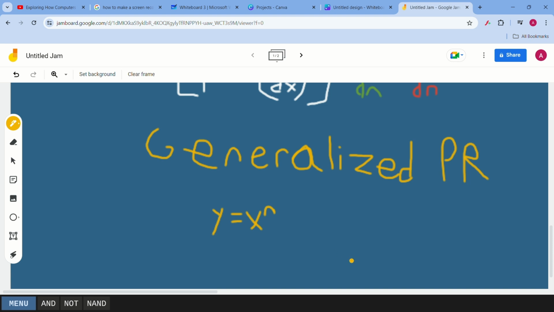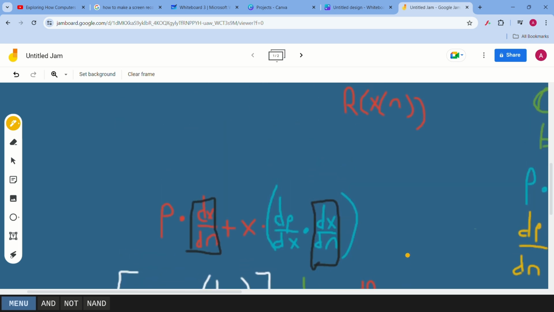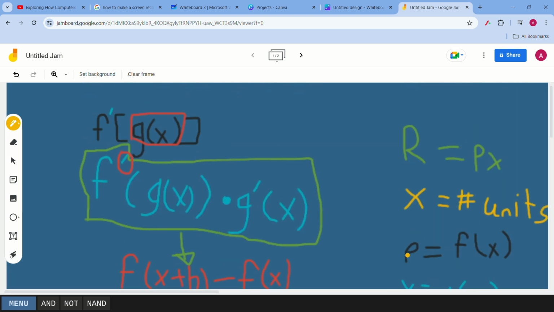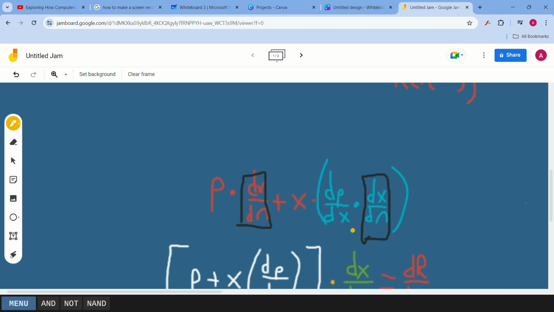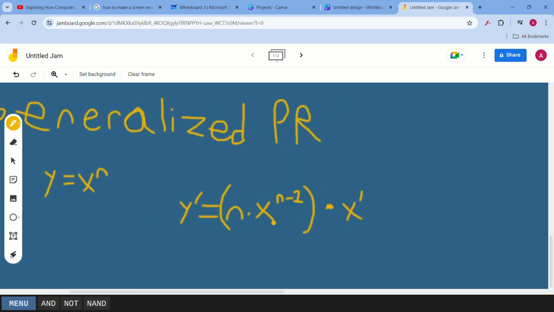If we wanted to find y prime, that is equal to n, this n right here, multiplied by x to the power of n minus 1, and we're not done yet, because this is yet another example of the chain rule, f prime of g of x, which can be said as dp over dx times x prime, this lone x prime, where x is a function of a number.